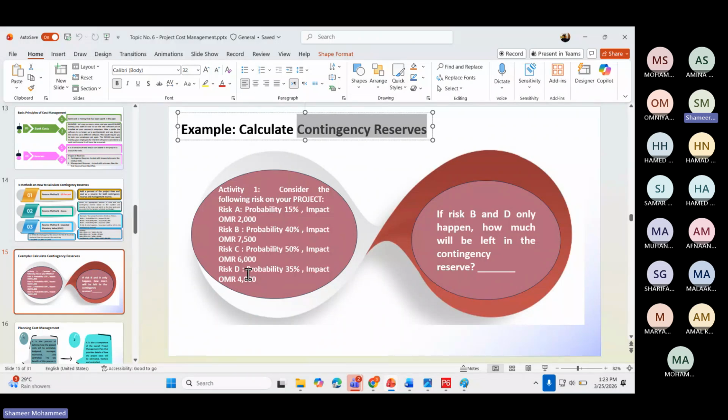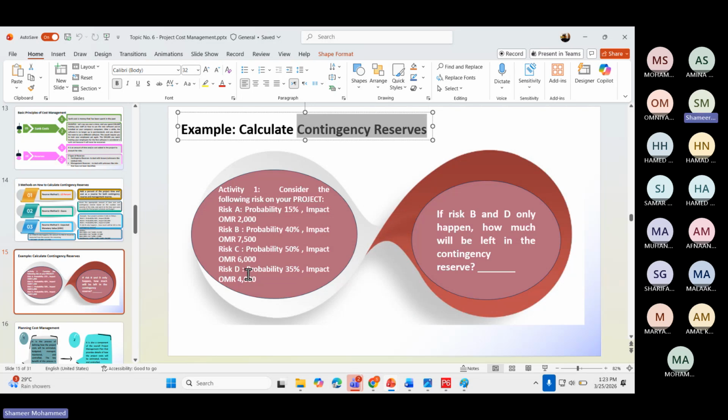Okay. Then for C, 50%. So 0.5 into what is the 6,000? How much? 0.5 into 6,000 is 3,000. 0.4 into 7,500 is also that much only.